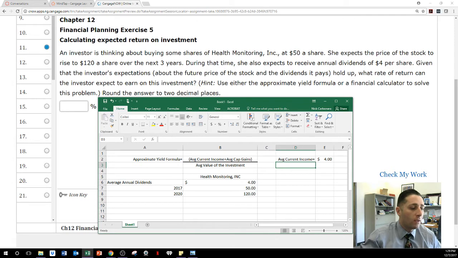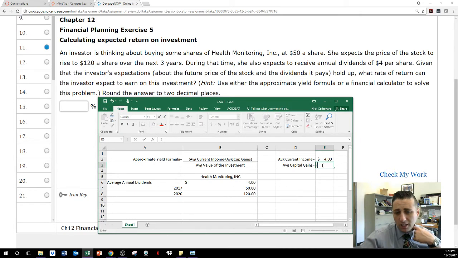So one way that we could find this out, and if we put this on here, we could go average capital gains. And we could put that in formula portion by saying, listen, the average capital gains is always the newer price minus the old price, or the expected price minus the current price, right?